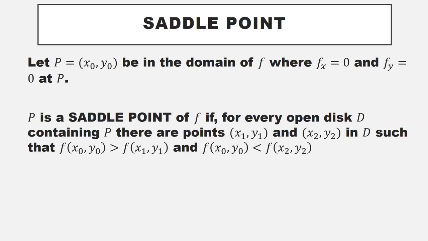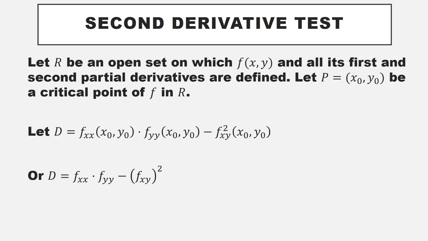And if we can't accurately see what's going on, then using the graphing tools in 3D aren't going to help us very much. So we have something called a second derivative test.